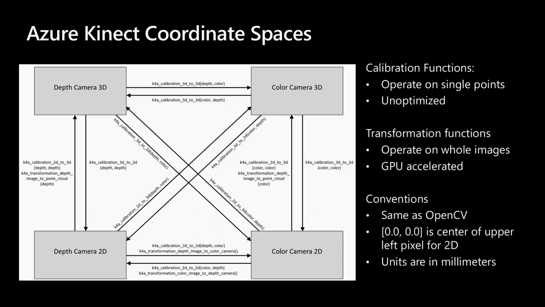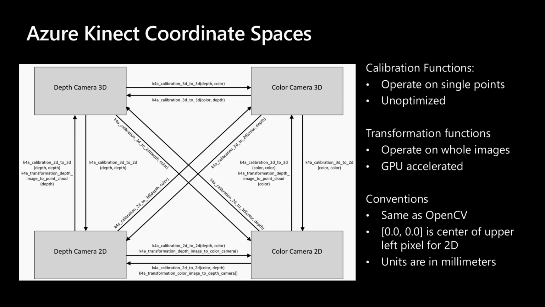So they're recommended for operation on single points. If you have a single 3D point and you want to figure out where that is in a 2D pixel space, use the calibration functions. If you want to do whole image operations, you want to take your color image and convert it to your depth camera perspective, or your depth image and convert it to your color camera perspective, it's important to use the transformation functions that operate on whole images and are GPU accelerated.